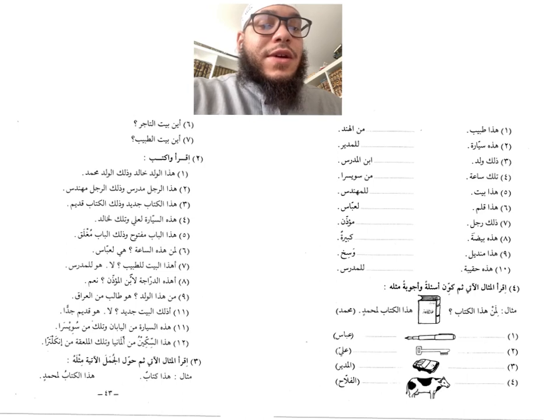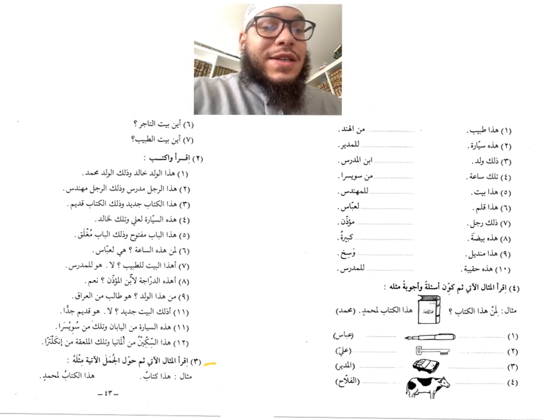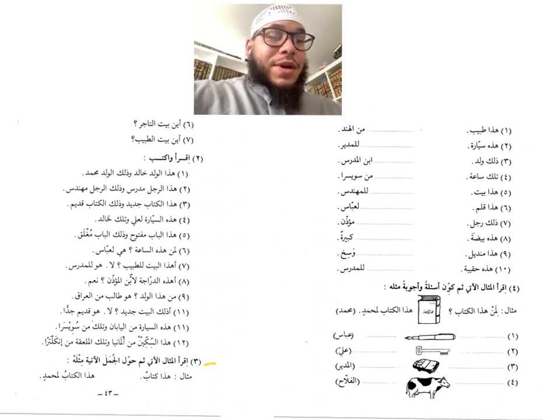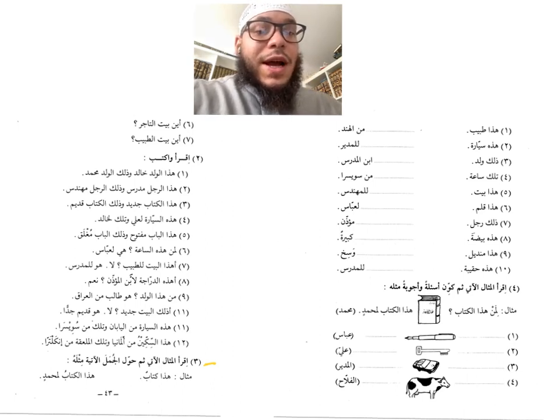Then here, down here, it says exercise number 3. اقرأ المثال الآتي ثم حول الجمل الآتية مثله. Read the following example and then change the following sentences to follow its example. مثال هذا كتاب. That becomes هذا الكتاب لمحمد.